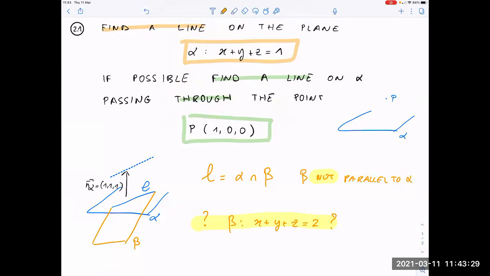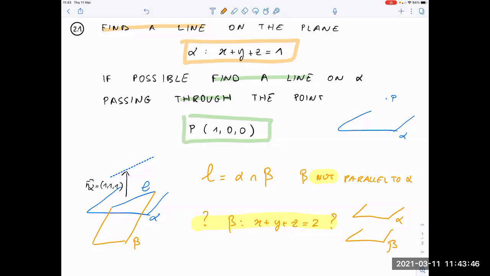So this is not good, because these would give a situation like this. This is alpha, this is beta. When you intersect it, what do you get? The empty set. So this beta you suggest is not working because it is parallel to alpha.